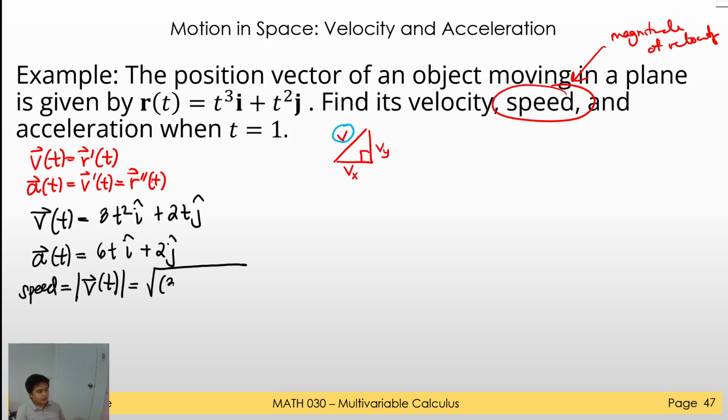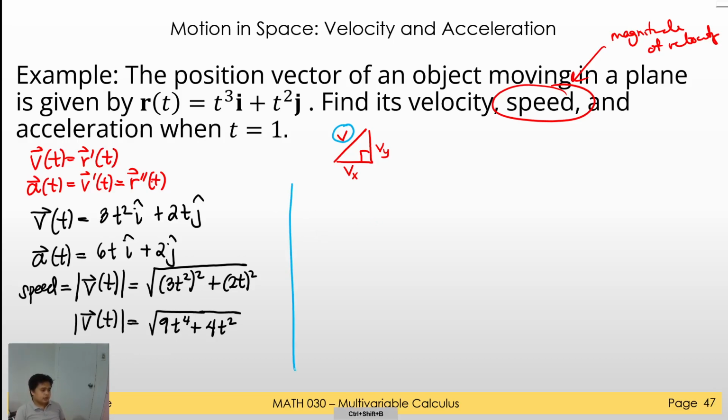So we have the square of 3t squared, and the square of 2t. This will be equal to the square root of 9 t to the 4th plus 4 t squared. That is your speed, which is also the length of your velocity vector.